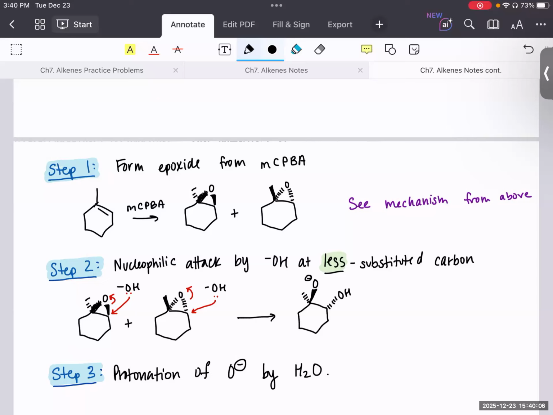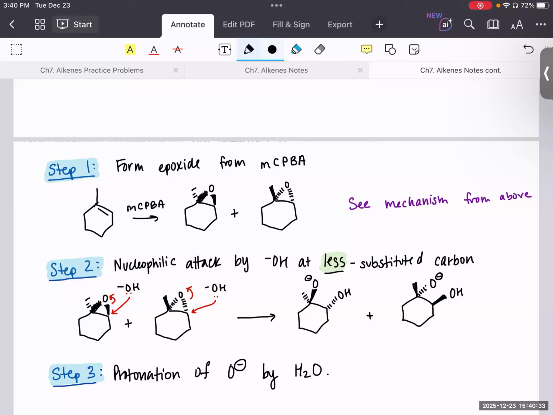If we started off with the wedged one, like that first reagent, we end up with that dashed OH group because it has to come in from the opposite side, and the oxygen that swings open remains wedged. So we get that one from that first one, and then we get the other one from the second one.